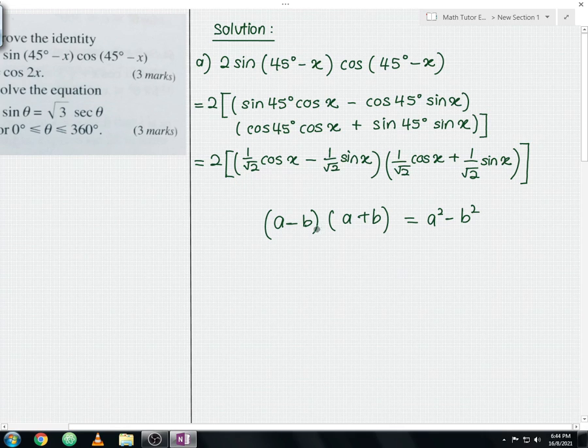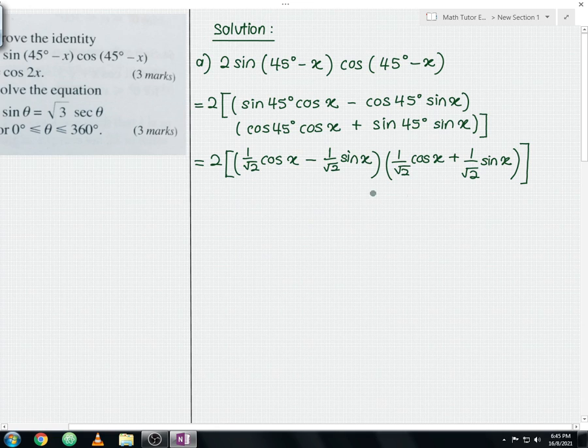This A minus B resembles 1 over square root 2 cos x minus 1 over square root 2 sin x, and this A plus B resembles 1 over square root 2 cos x plus 1 over square root 2 sin x. So we don't need to do the long expansion working. We can just straight away use this conjugate concept to get the answer, guys. Let me just erase this.